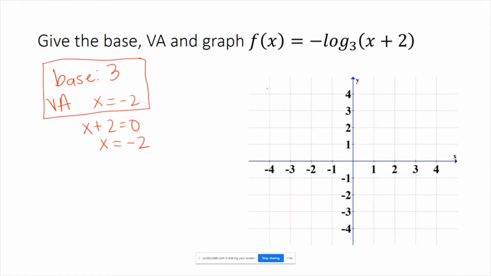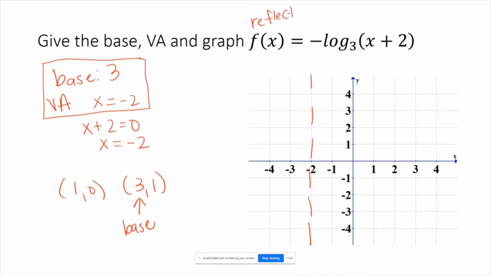Just like before, I want to graph my asymptote. And I'm going to take the coordinate points 1, 0, and this time 3, 1. That 3 is whatever your base is, and use transformations to plot. So we need to talk about what transformations we have here.